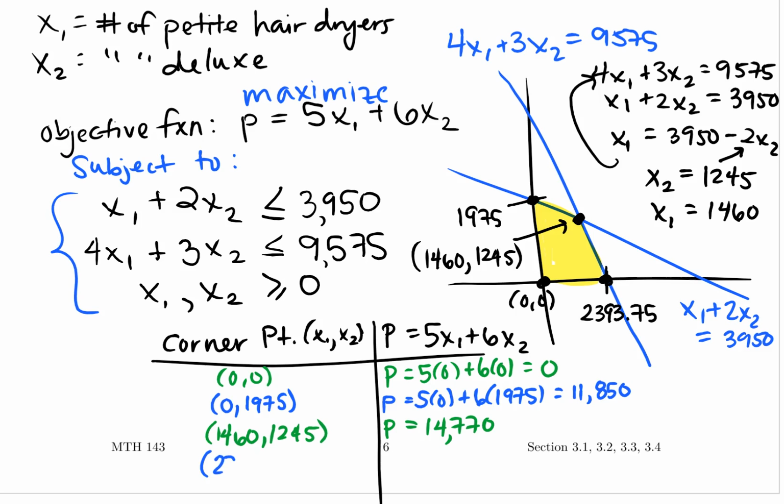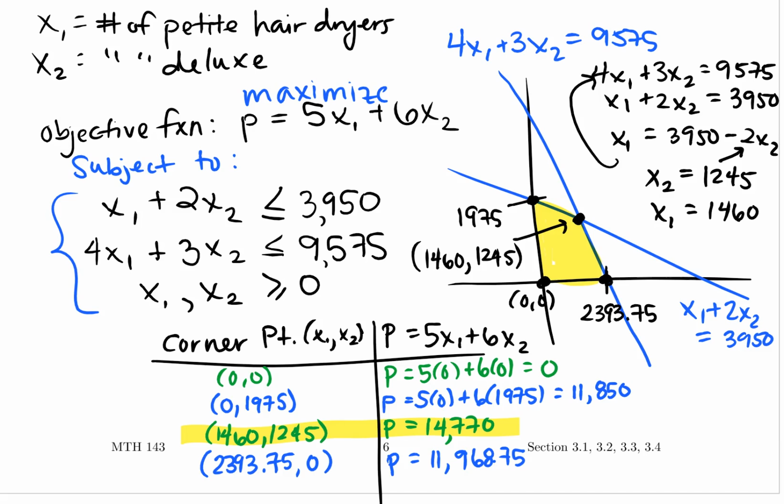So this would be 2393.75, comma 0. Our profit in this case comes out to $11,968.75. And so the maximum profit occurred at the corner point that was at 1460 and 1245.